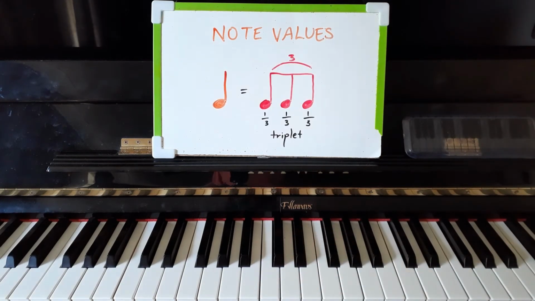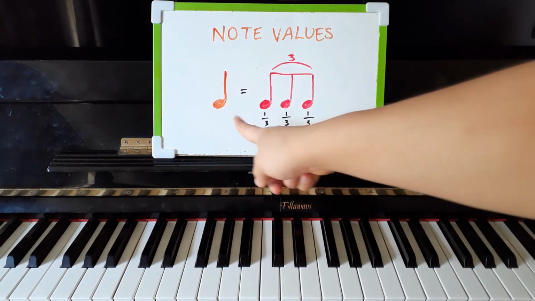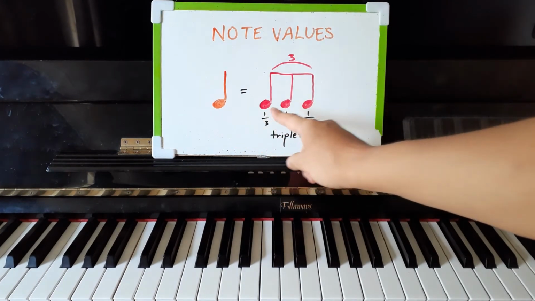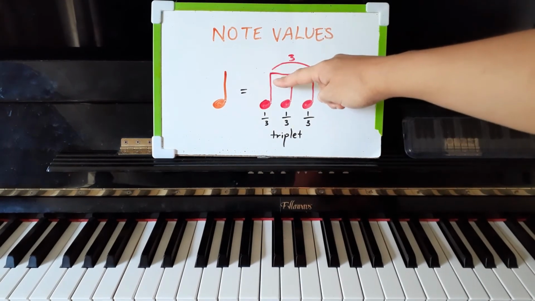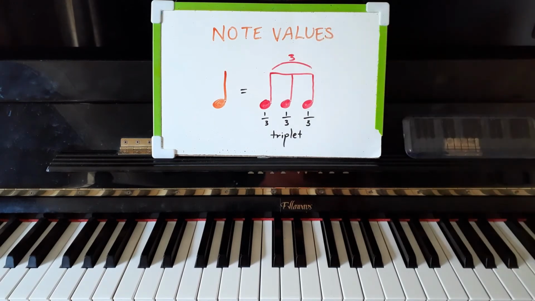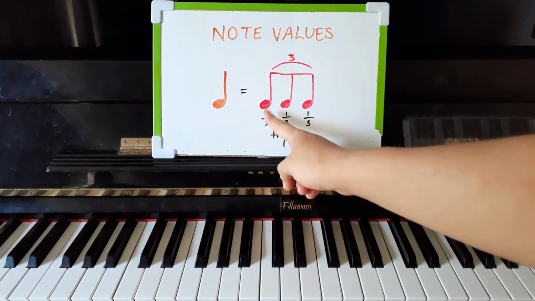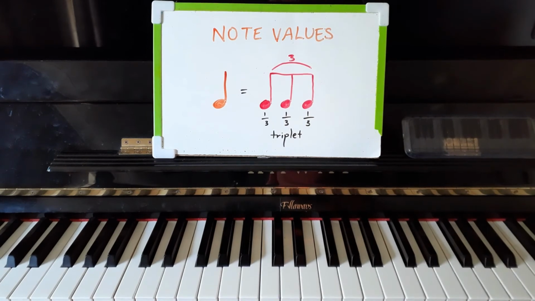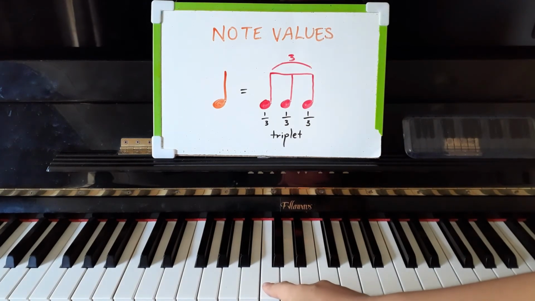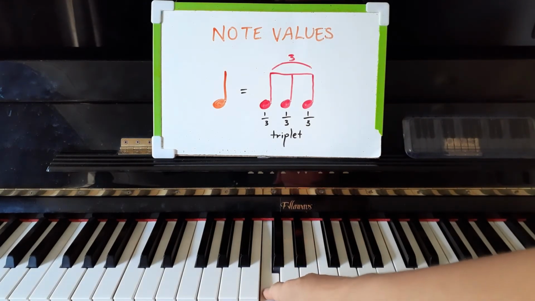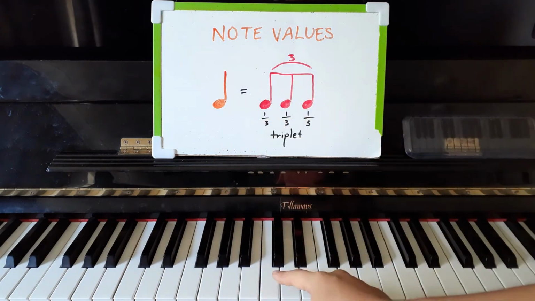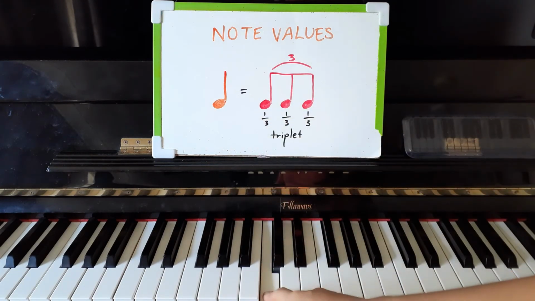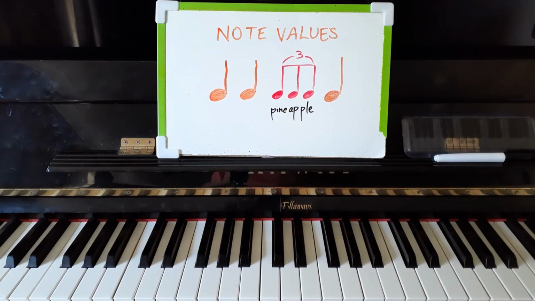You can also have special notes like this, where you have a crotchet that's split into 3, with a line like this and a number 3, meaning that each of those notes is worth a third of a beat. So this is a crotchet, and if it's split into triplets, it would sound like this. In this instance, we've got the triplets in a rhythm.